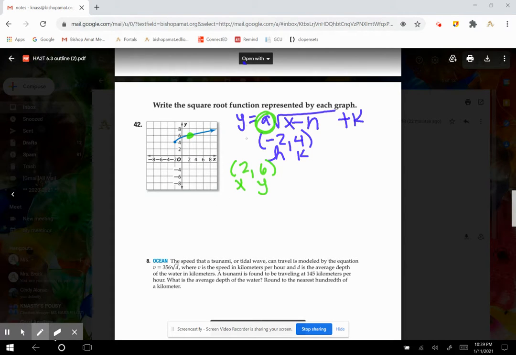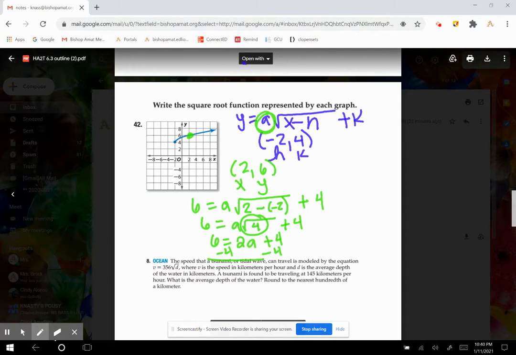So here we go. 6 equals a square root of x, which is 2, minus h, which is -2, plus k, which is 4. So this gets us 6 equals a square root of 2 plus 2, which is 4, plus 4. Square root of 4 is 2. So 6 equals 2a plus 4.